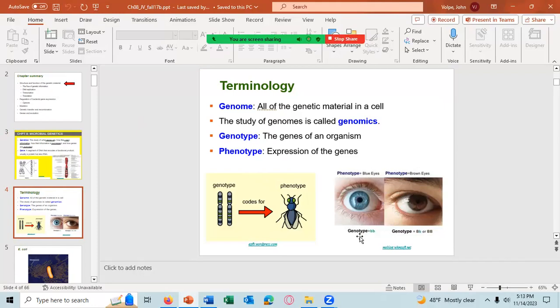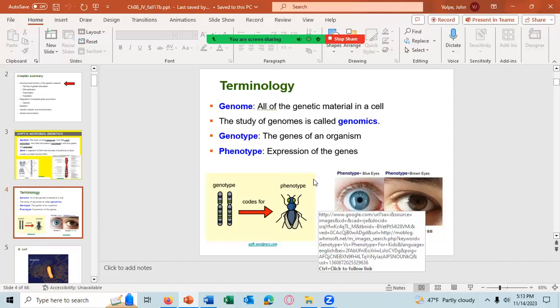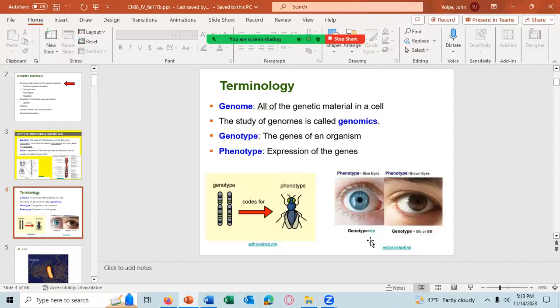The individual has the genotype lowercase b, meaning humans have two alleles or two genes for each physical characteristic if it's a simple genetic trait. And you don't need to know about that part. But the genotype for that individual will be lowercase b.